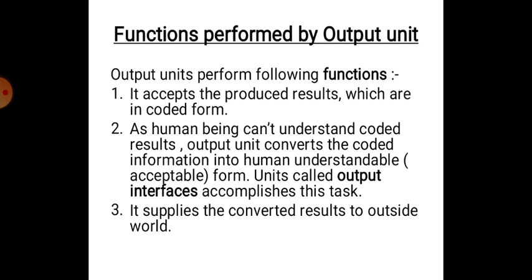Students, the job of the output unit is to take the results from the computer system and make them available to the people in their own understandable form. Units called output interfaces accomplish this task. Third point, it supplies the converted results to the outside world.